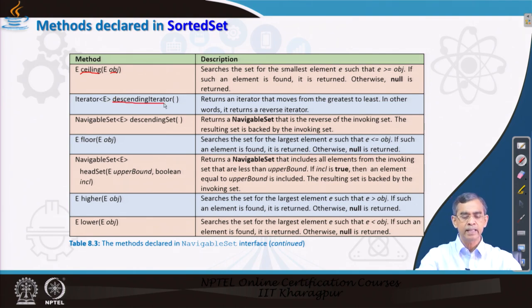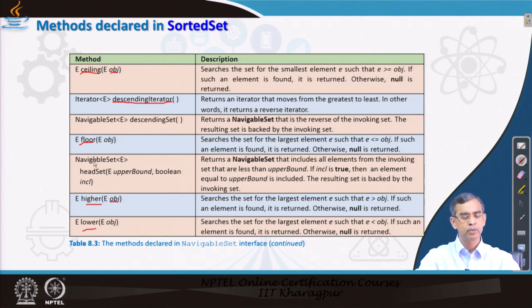And descendingIterator is basically traversal of the collection in descending order. Then floor is basically like ceiling. Starting from a certain element, if ceiling goes top to bottom, then floor is the traversal from bottom to top. And then higher is also similar to ceiling and floor. It basically returns the element which is larger than the current element passed as an input.